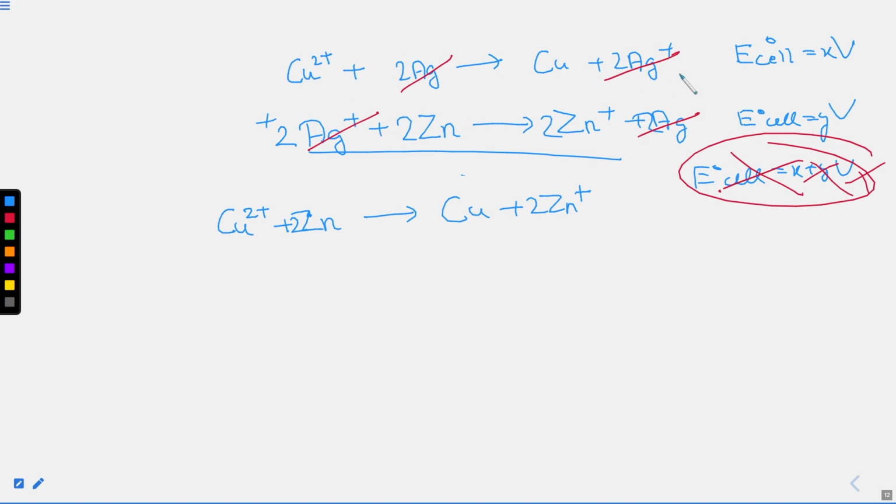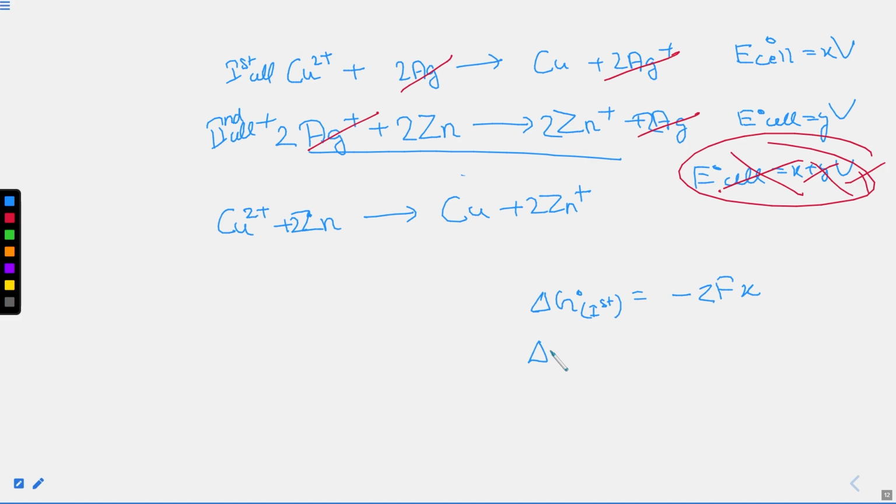Suppose this is our E naught cell. So what will be the delta G for this? If you are talking about the first cell, suppose this is the first cell and this is our second cell. For the first cell, it will be minus nF, and E naught is given as X. What is the value of n here?